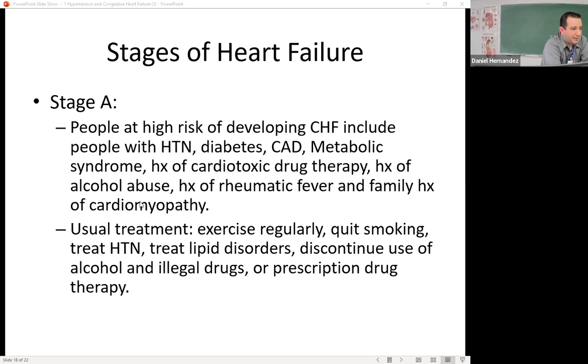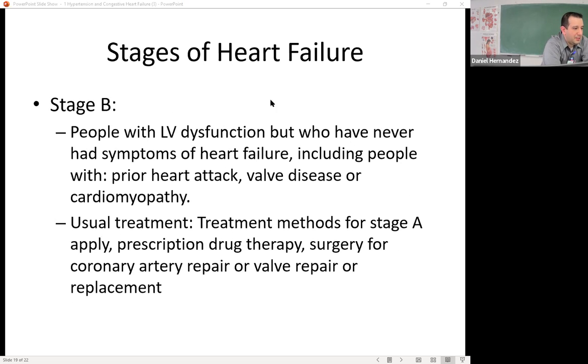So stage A, high risk, no symptoms. So these are patients that don't technically have congestive heart failure, but we put them into that stage A because they have a very high risk of developing CHF due to their histories. Stage B, these are patients, again, that now have new onset of LV dysfunction, but they typically don't have any symptoms.